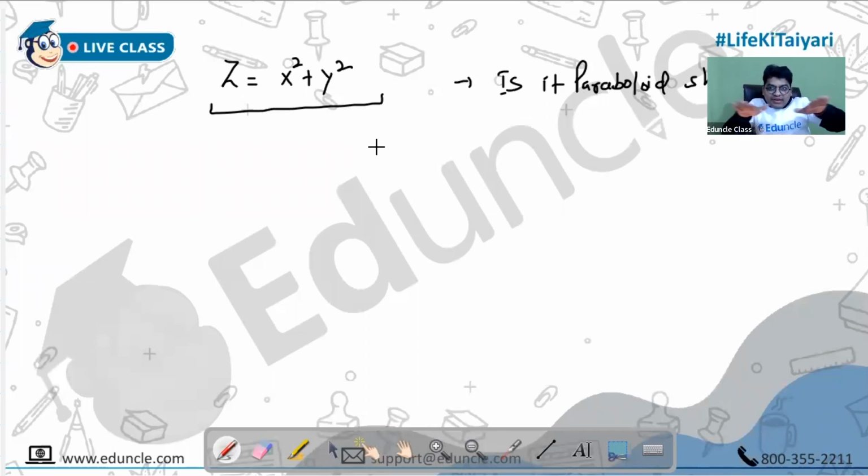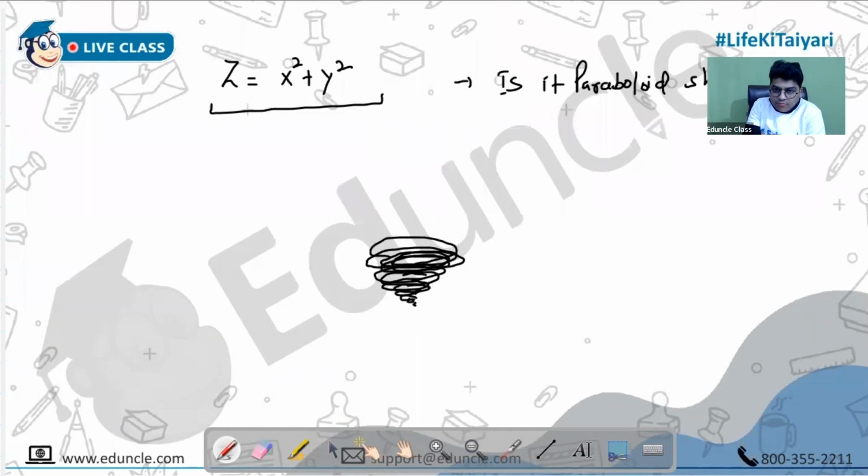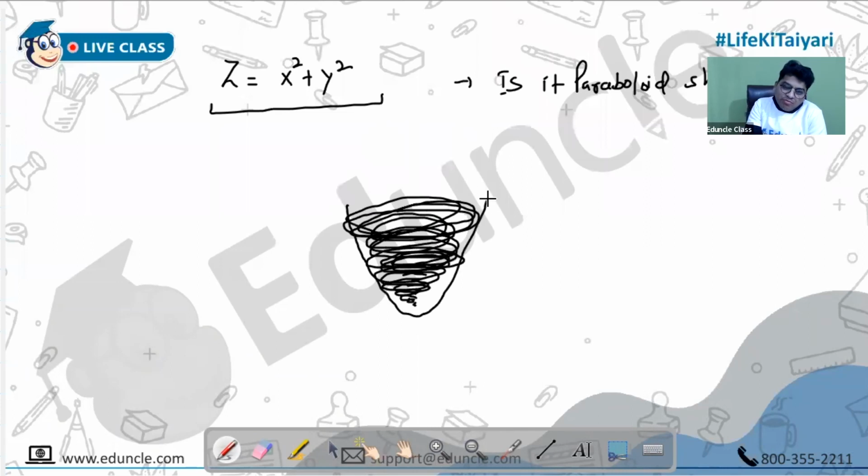You are increasing the radius of x y in the plane. It will go a bit faster, something like this; do not draw it as a parabola. So parabola is clear. 3D paraboloid sheet.